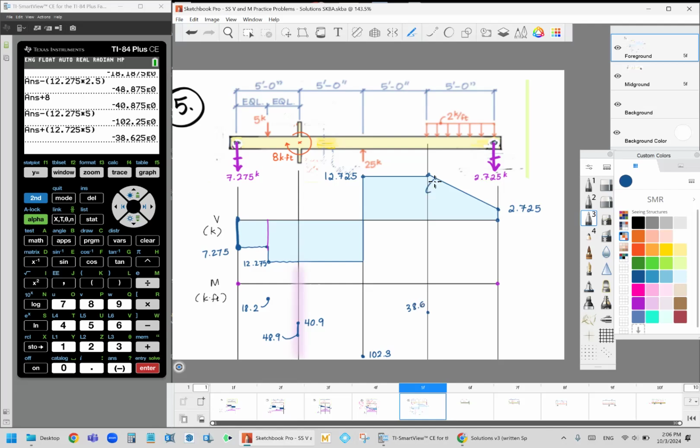And now we need to increase by the area of a trapezoid. So we're going to do a plus sign. And I'm going to take the average height multiplied by the width. Okay, so I'm going to take 5, that's the width, times open parentheses, 12.725 plus 2.725, close parentheses, divide by 2.